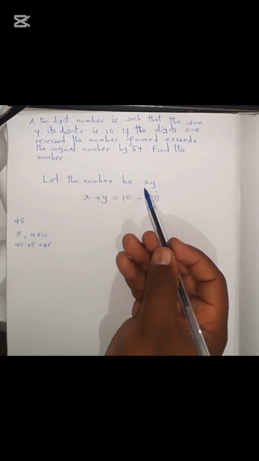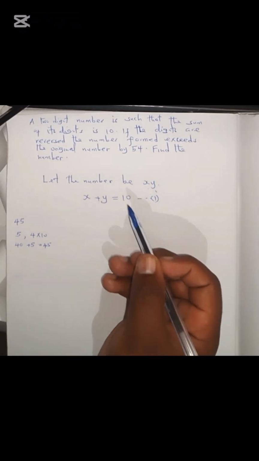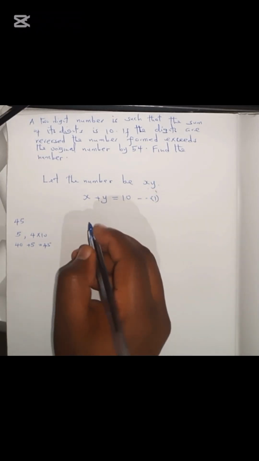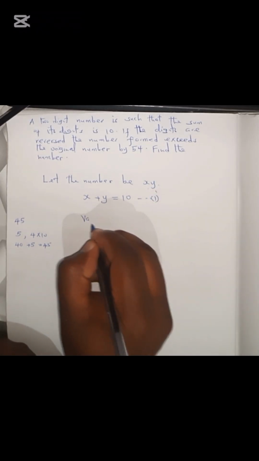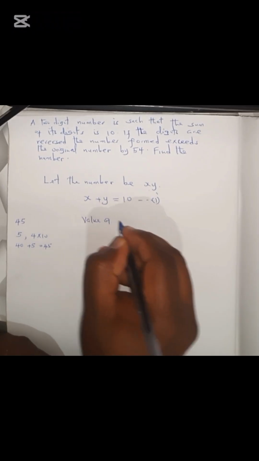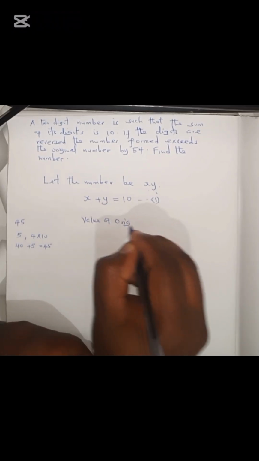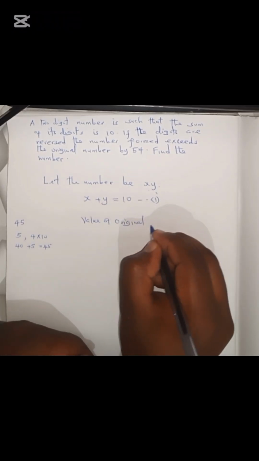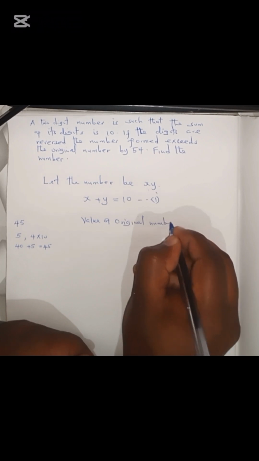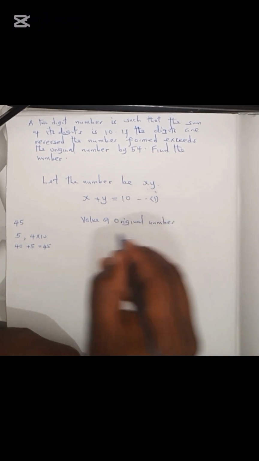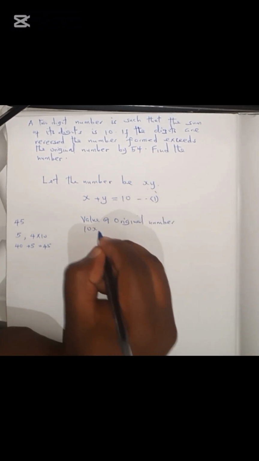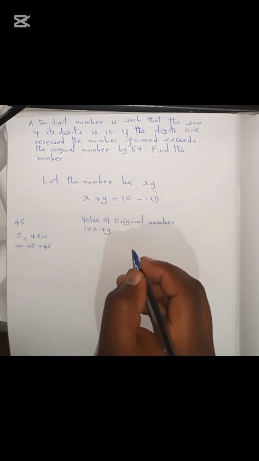applies here. So the value of the original number is 10x plus y. That is the value of the original number.